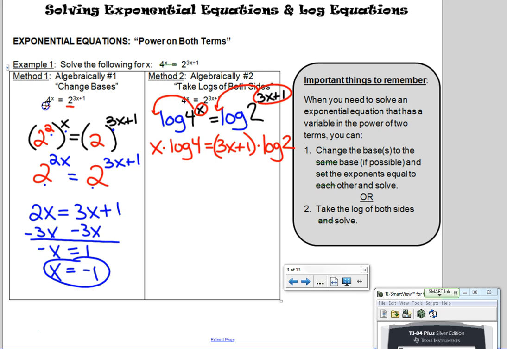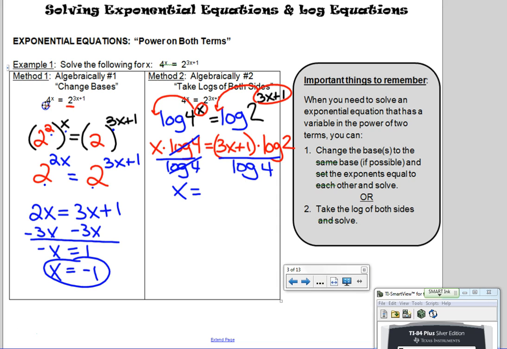Okay, you can do one of two things. The best way would be to first divide over the log of 4. All right, and that'll wipe those two terms out, and you have x equals.